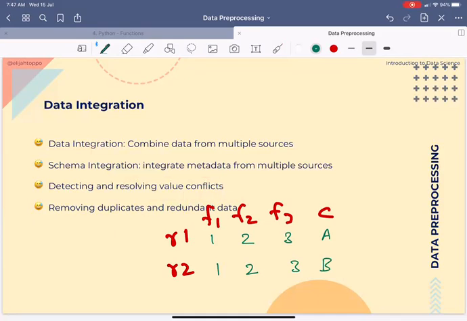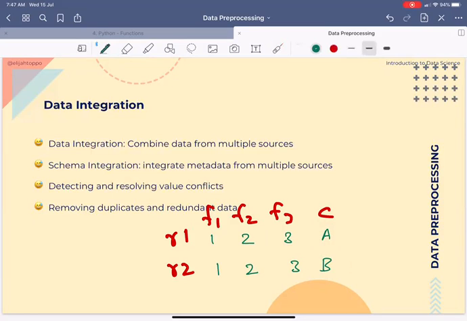Why? Because we see that all three features for the rows give the same data. Exactly the same features, but the final class is different. Now this could be because someone collected the data wrongly. That could be one reason. Another reason could be that there are hidden processes in between that we cannot see or that have not been measured.